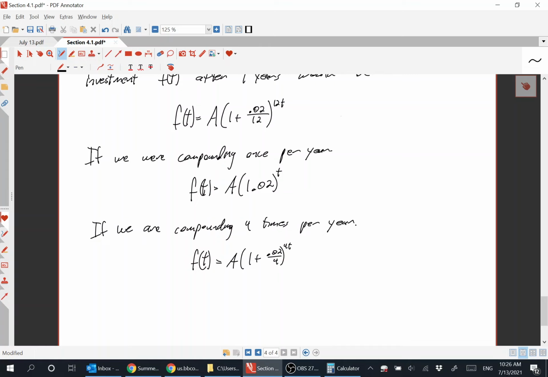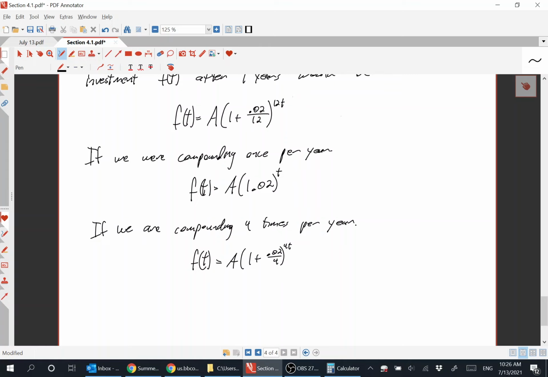So interest is paid out 4 times a year, but not 2% 4 times a year, 2% divided by 4. Here, interest is paid out 12 times per year, but not 2% 12 times, 2% divided by 12. Here it's only paid out once a year.